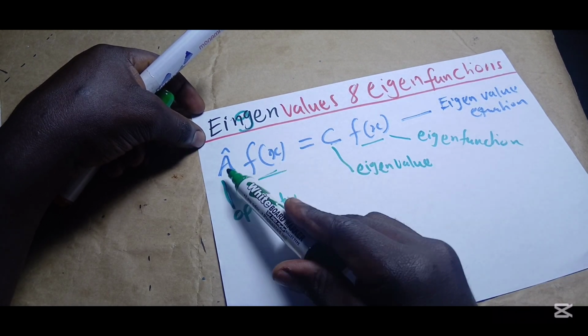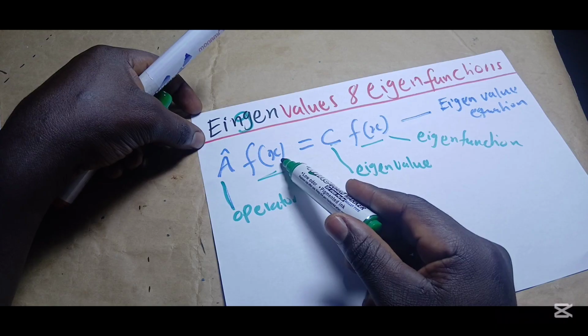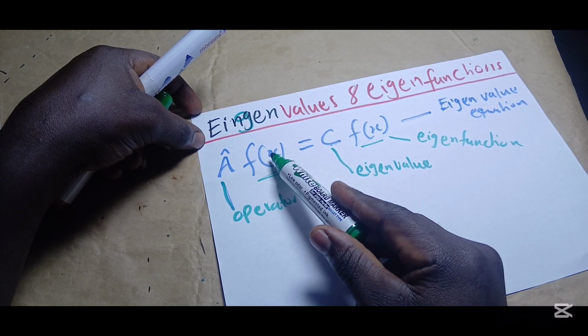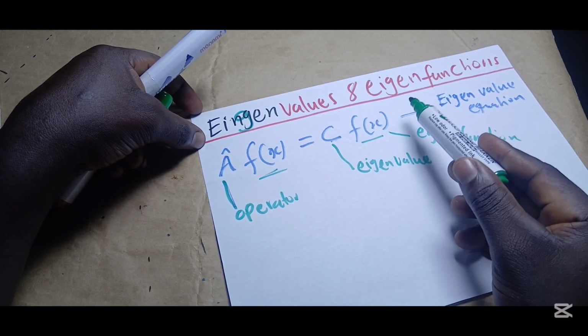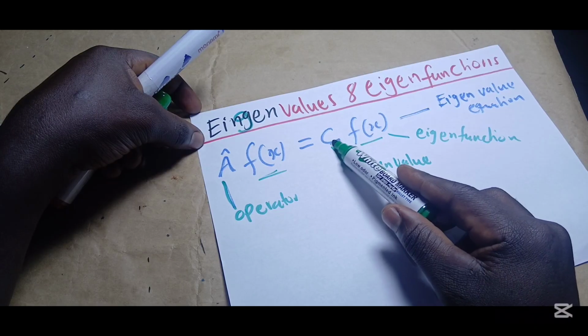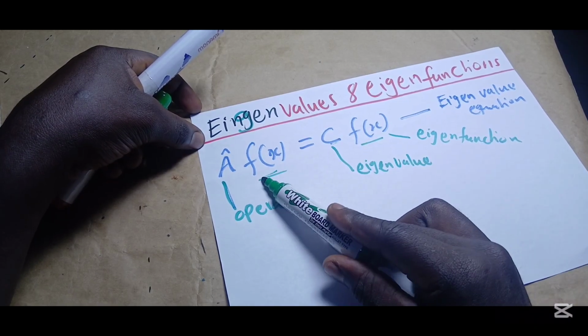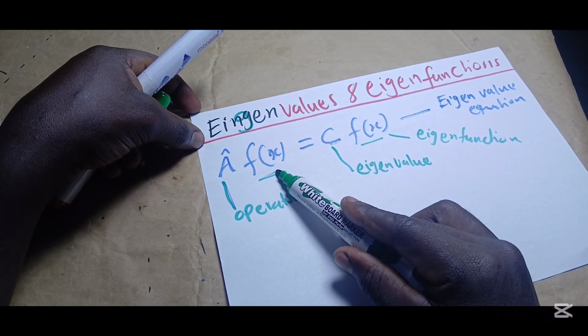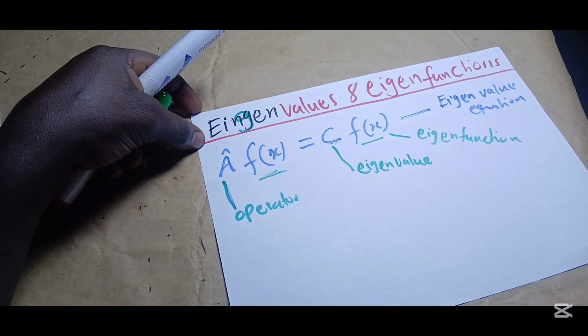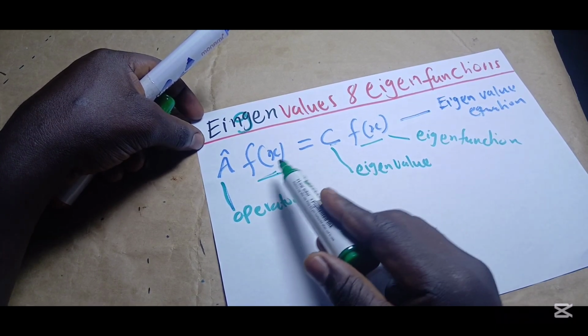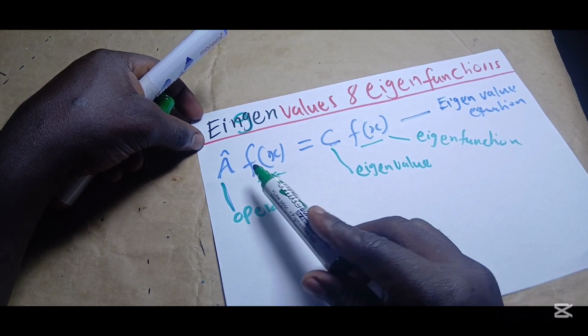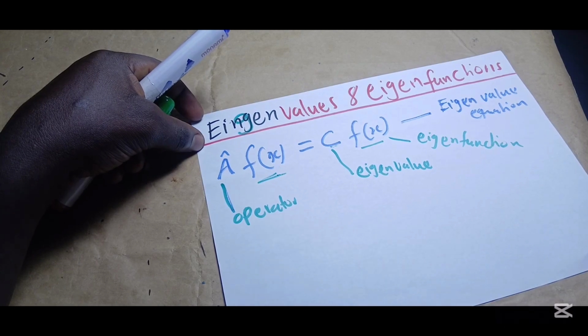If we have an operator and a given function, and that operator acted on the function to give us the same function back with a constant, then the function is an eigenfunction of the operator A.